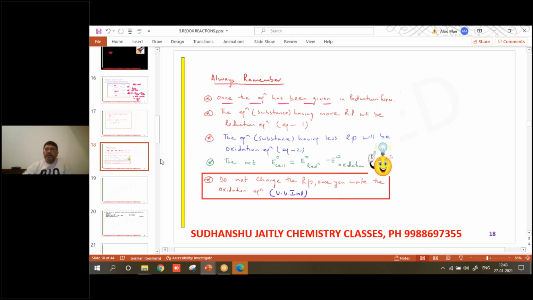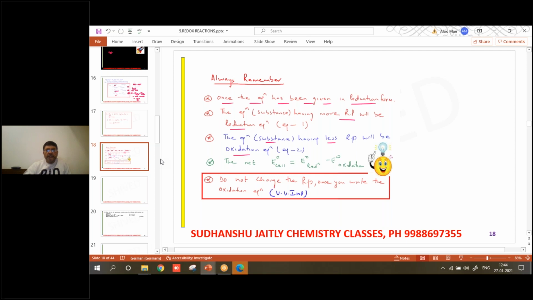If it has been given in the oxidation form, then you have to first revert the equation. The equation or substance having more Rp will be reduction. The substance having less Rp will be oxidation. The net E naught cell is E naught reduction minus E naught oxidation.